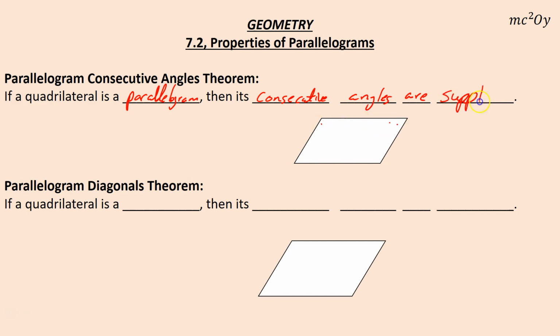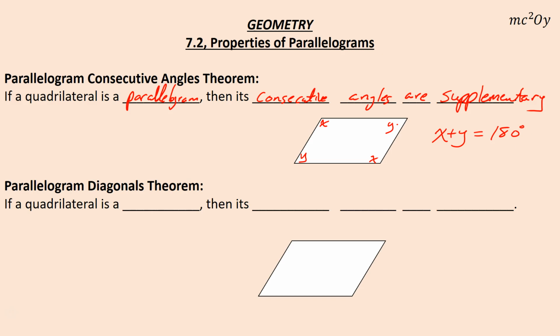So they are supplementary. That means if this is x, this is also x because they're the same. This is y, this is also y because they're the same. That would mean x plus y, no matter which way you put it, would have to add up to 180 degrees.